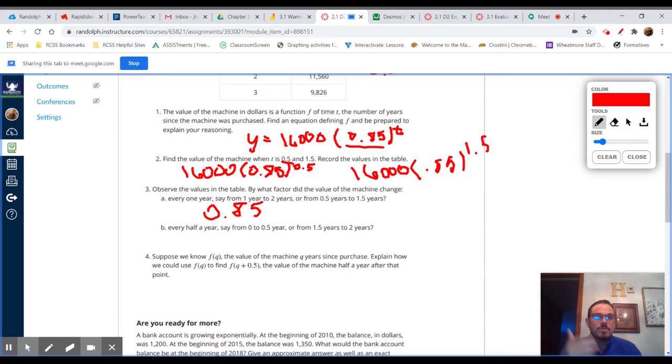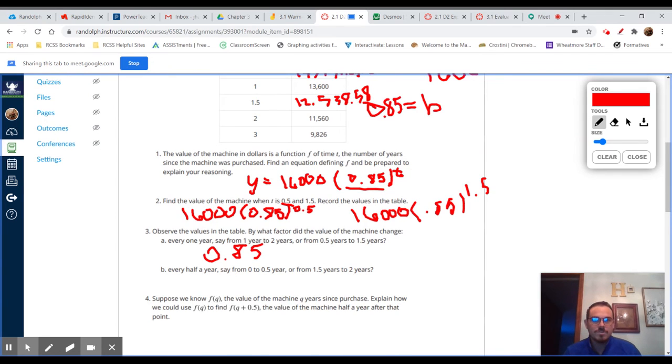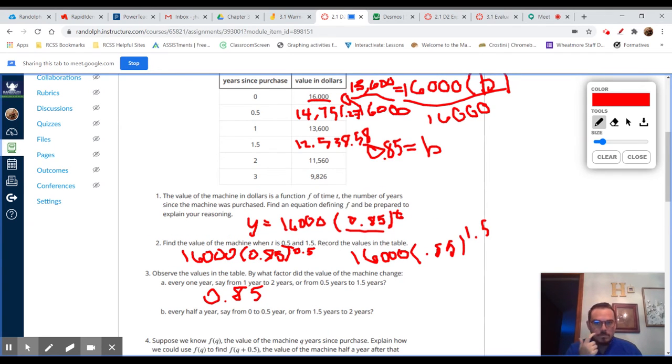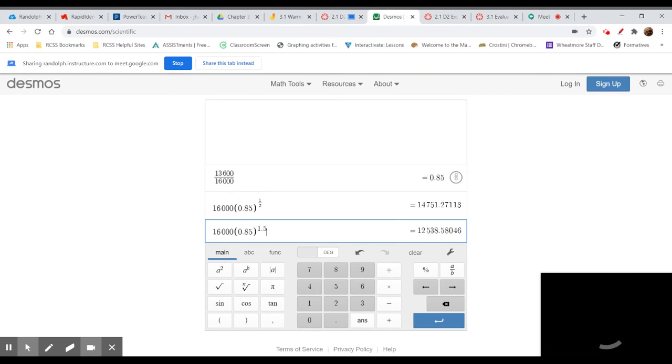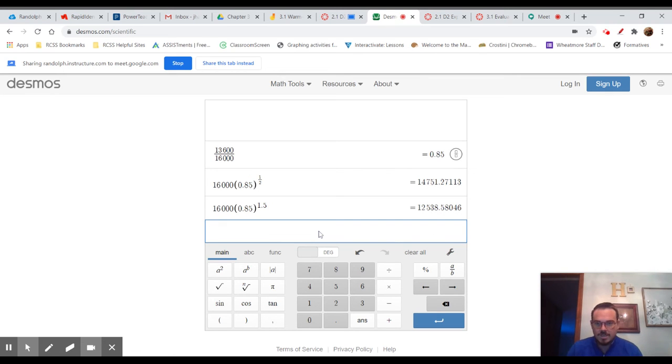And what you can do is you can take their values, 12,538.58, and divide it by 14,751.27. And you should get that 0.85. And we can check that.